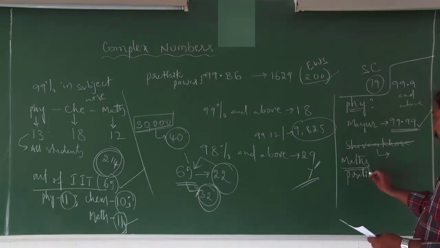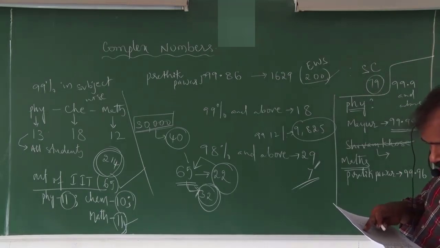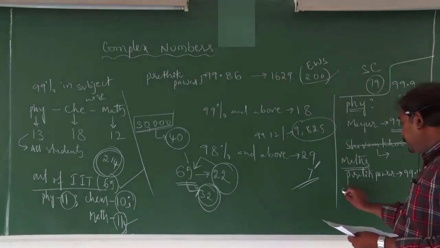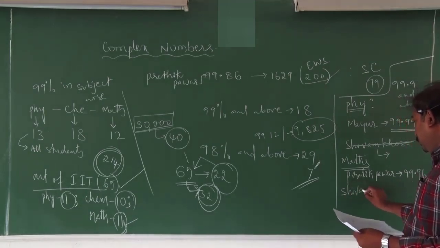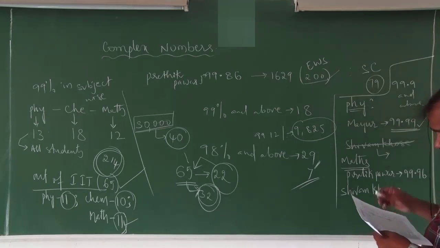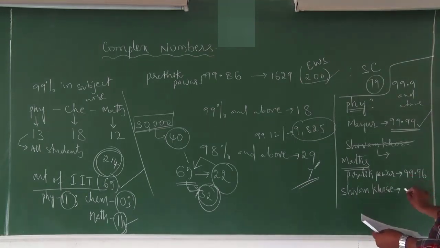Pratik Pawar got 99.96 percentile. And Shivam Kose, one more student is there, and his percentile in mathematics is 99.96.